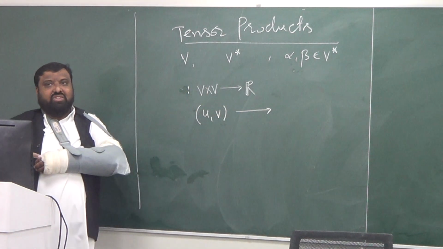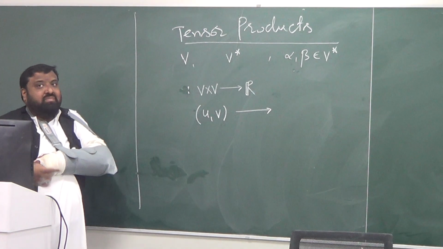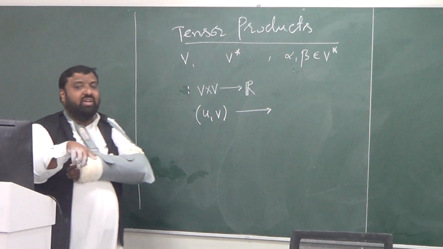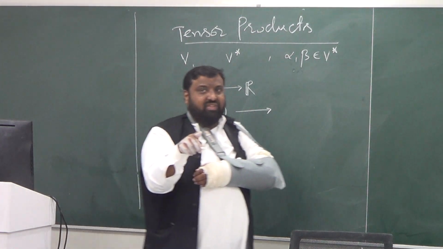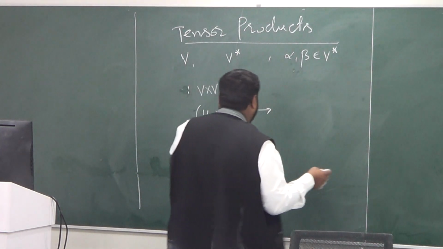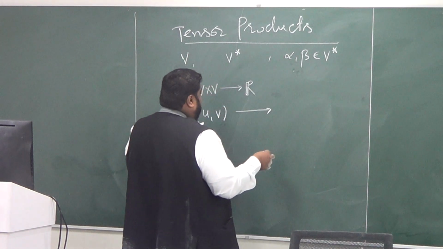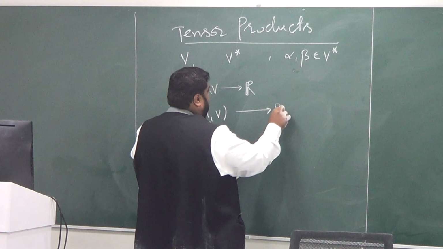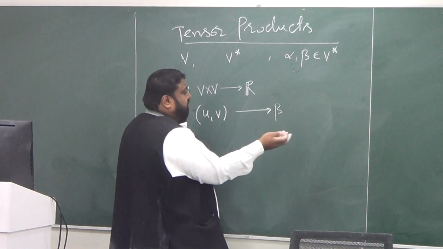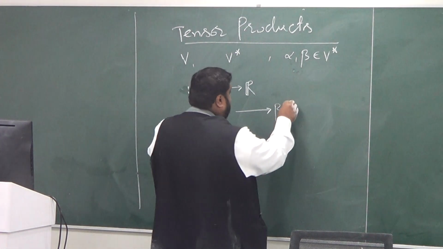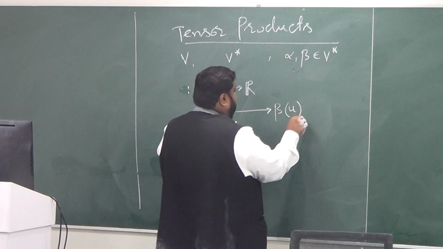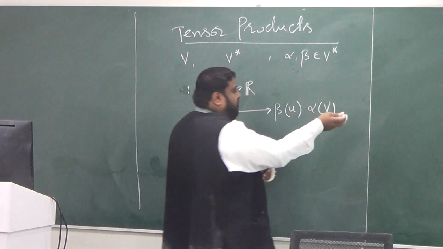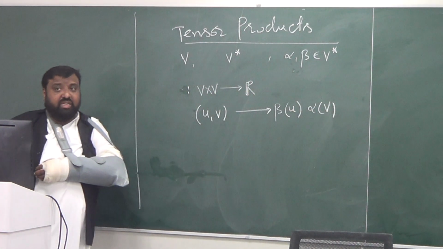Either you can do a sum or a product, but you have to make sure that it must be linear. So here's a trick. Consider this, for example: alpha of u, beta of v, or beta of u, alpha of v, it doesn't matter. Let's take beta of u multiplied by, say, alpha of v, but you can do it the other way around as well.